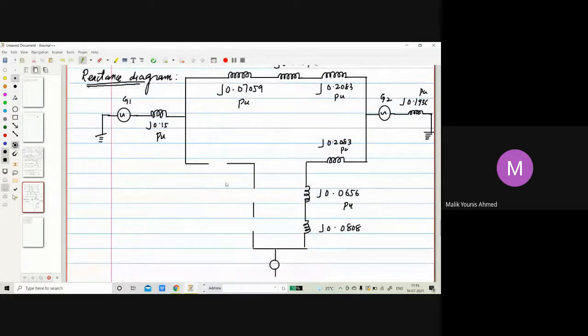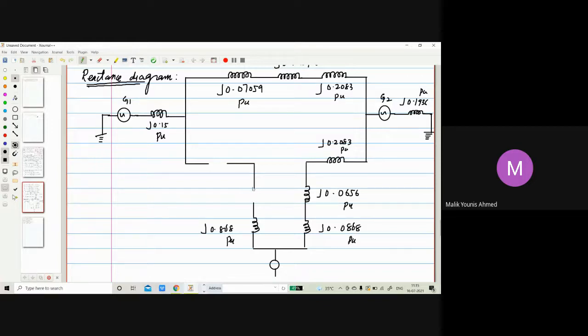So transformer T3 will be J0.0868 per unit. Here also it has to be 0.0868 per unit.